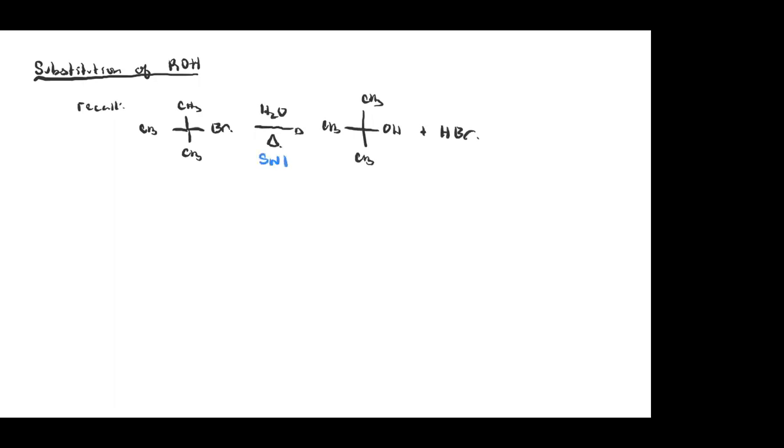One of the things that we said in the last class was, when we're thinking about dehydration of an alcohol, that's the reverse of hydration. The substitution of a bromide for water or for OH that is shown here can also be run in reverse.